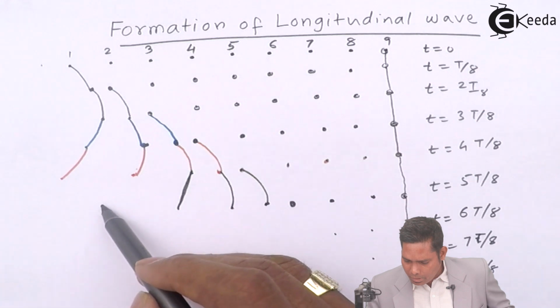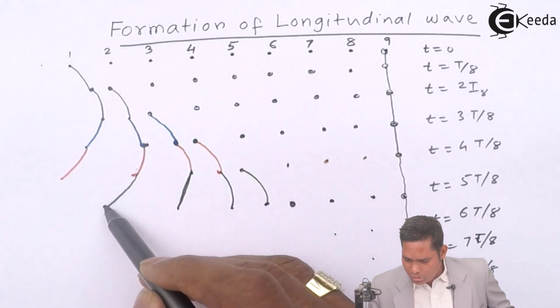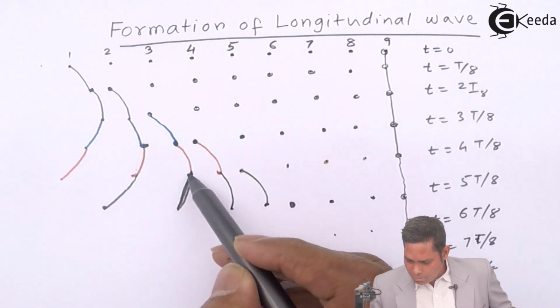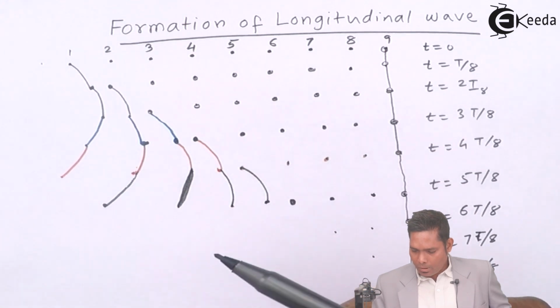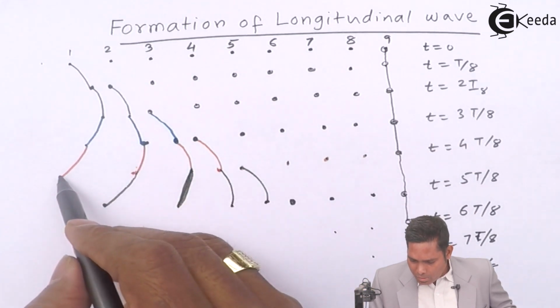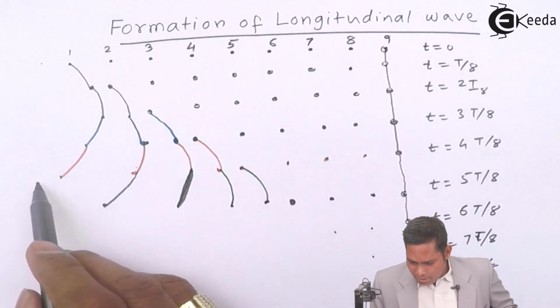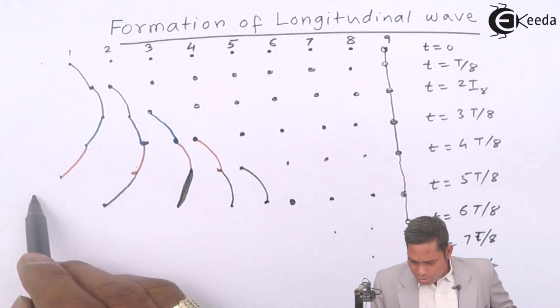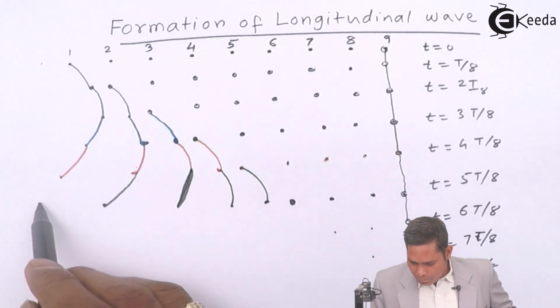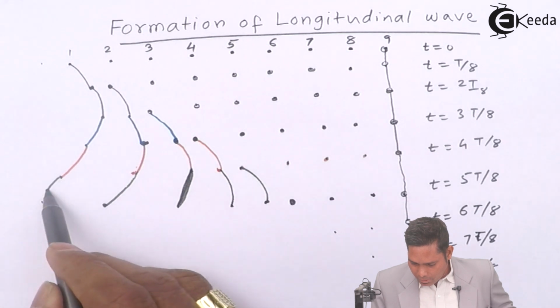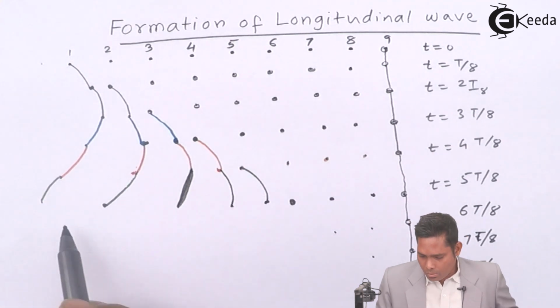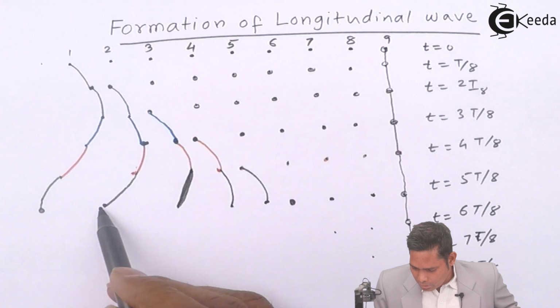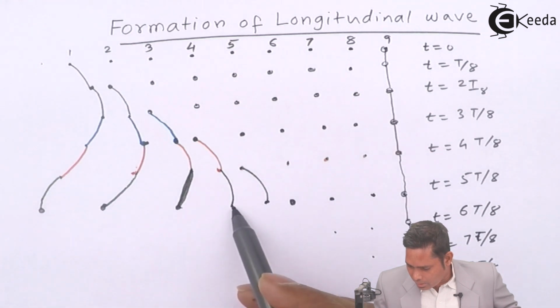This is the mean position line, this is the extreme position line. Now this is at the mean position, it will go to the other side, to the mid position, so it will come to somewhere here, like this. So all these particles will show in one line.